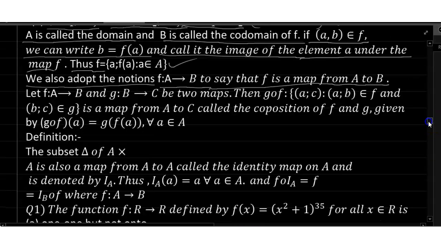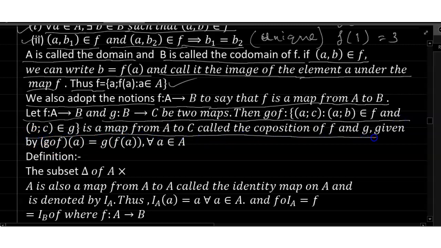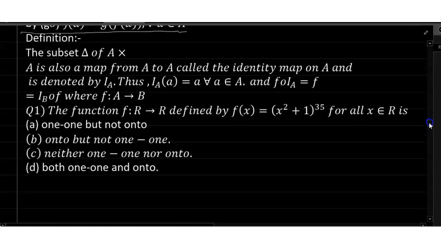Next, let F from A to B and G from B to C be two maps. G composed F is a map from A to C, called the composition of maps F and G. Given G composed F of a equals G of F of a, where a belongs to A. Definition: the subset of A cross A is called a map.